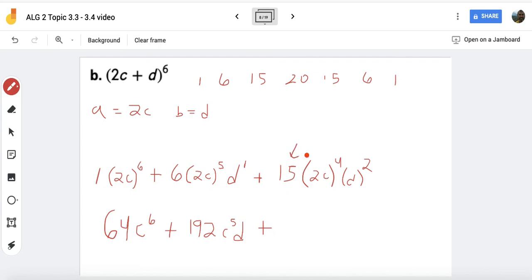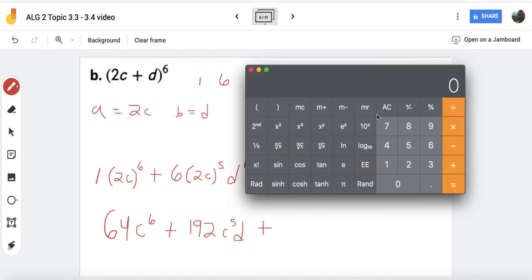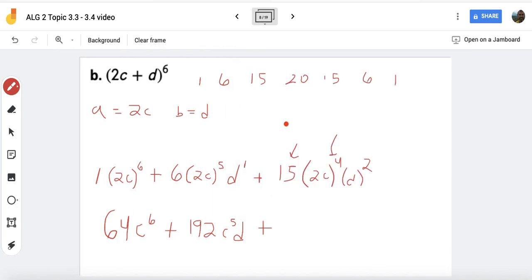The coefficients are kind of important. We have 15 and we have 2 to the 4th power. So 2, 4, 8, 16 is 2 to the 4th power. And 16 times 15, oh, I don't know. 15 times 16. 240 or something. 90. Okay, 90. That wasn't even close. Did I do that right?